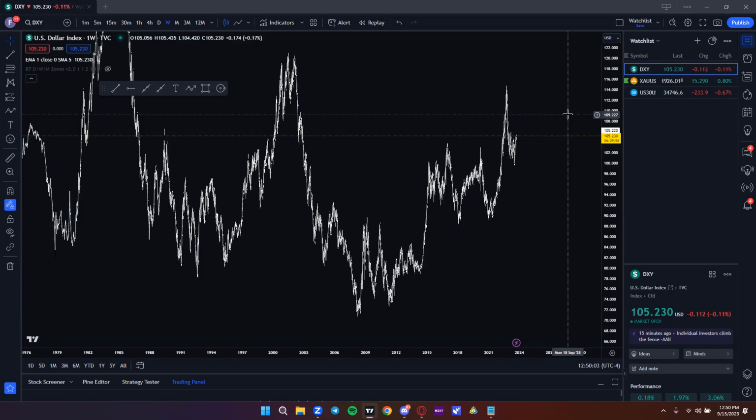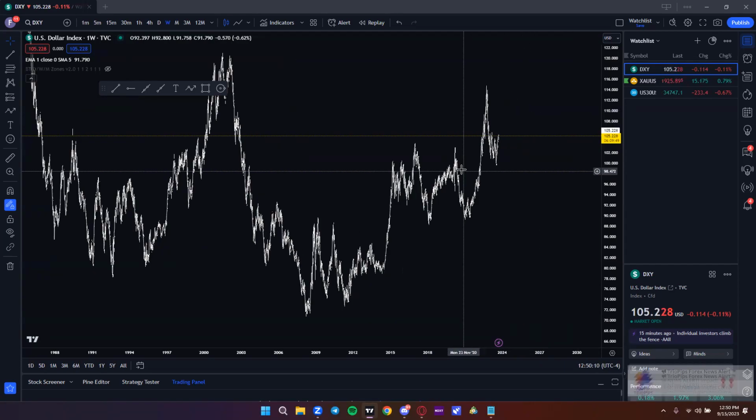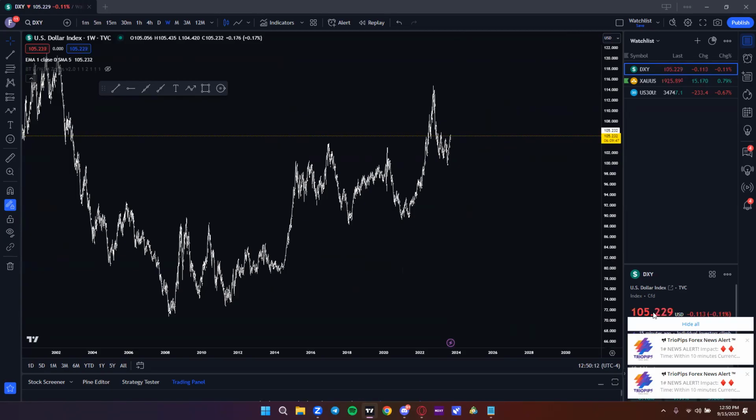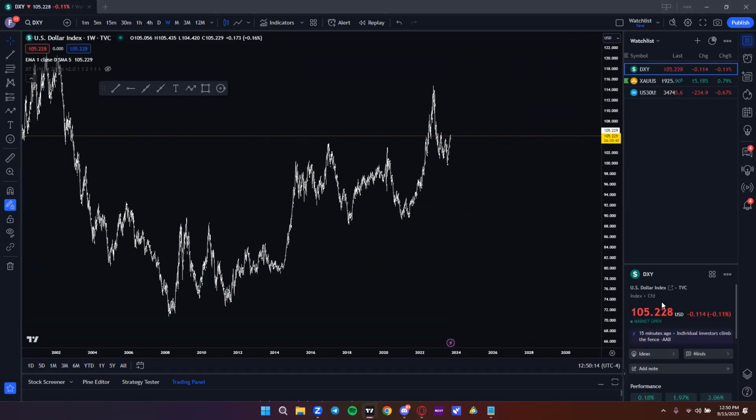But the US dollar isn't going anywhere, and gold is a safe haven for conditions in markets like this. It's always going to do something, right? There's always some type of battle between up and down.